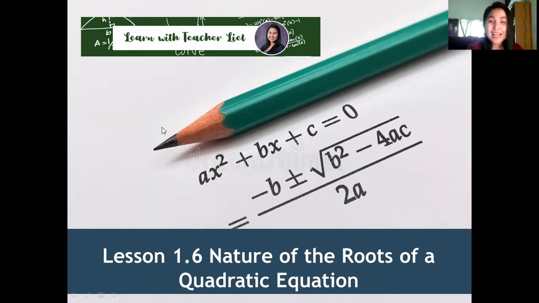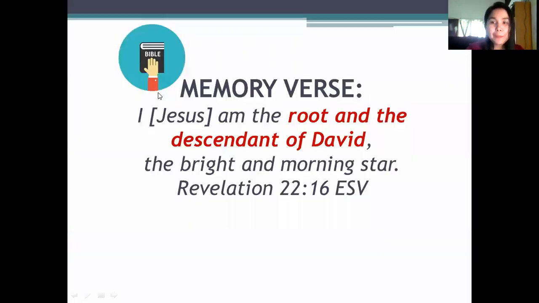And to start, let's recite our memory verse for the day. Our memory verse is found in Revelation 22, verse 16. It says, I, that refers to Jesus, am the root and the descendant of David, the bright and morning star.